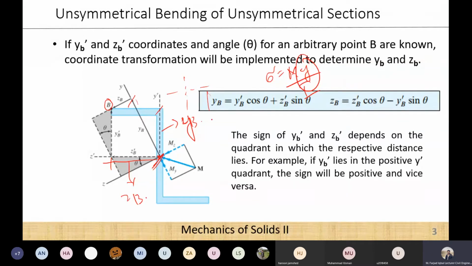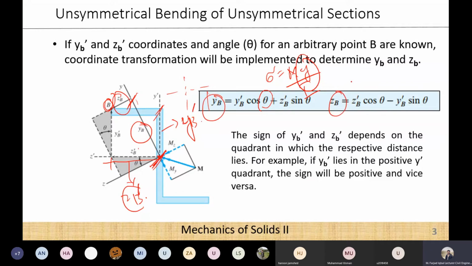This equation states that if you know these straight distances to this point B, and you know the angle theta of the principal axis with respect to the horizontal axis, then you can directly compute these perpendicular distances YB and ZB. This YB and this distance ZB dash, you can directly compute this YB distance and this ZB distance by using this equation.